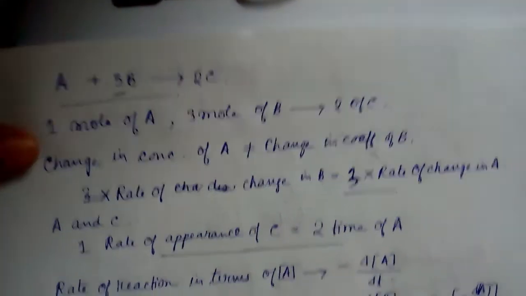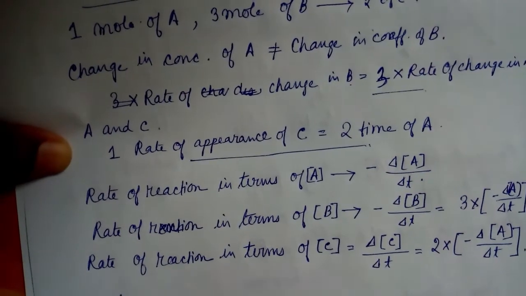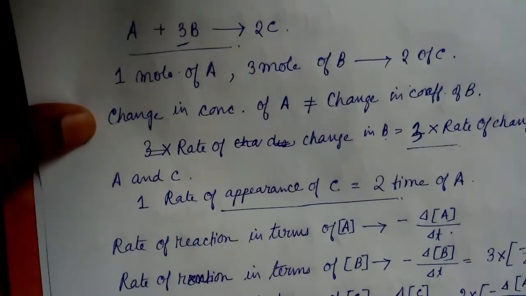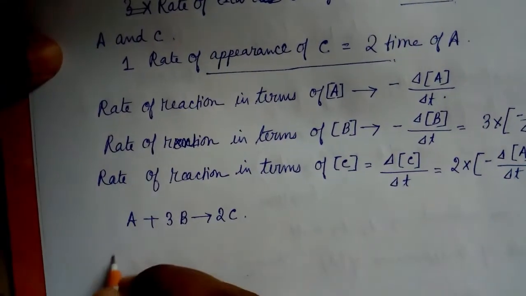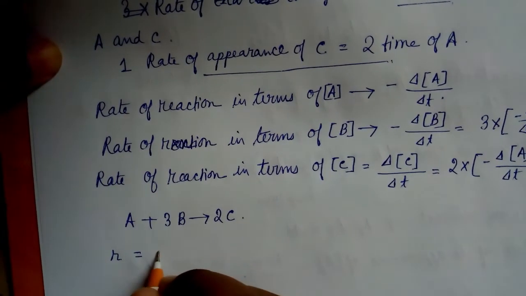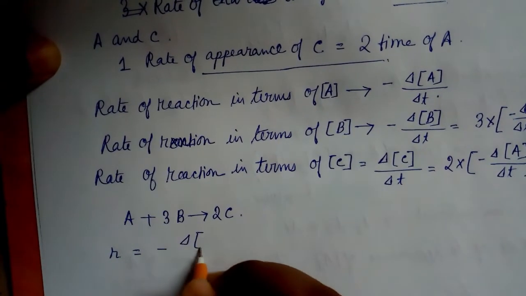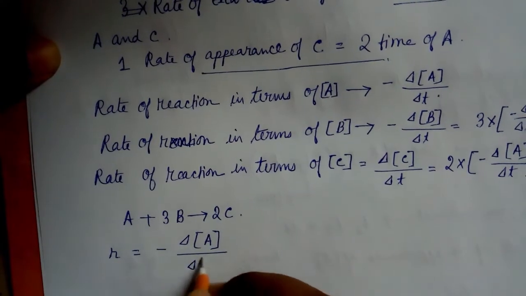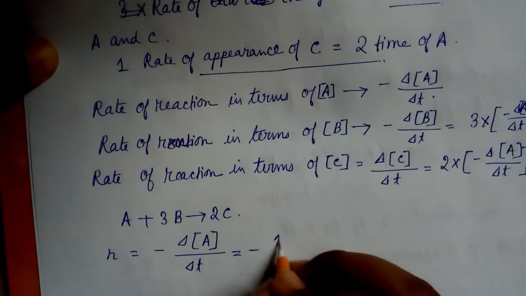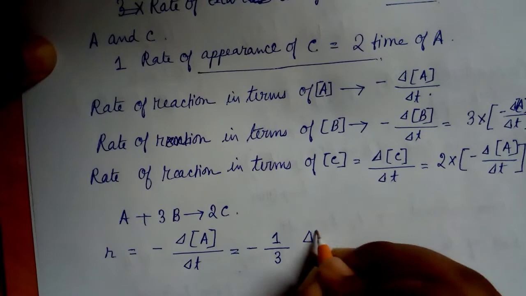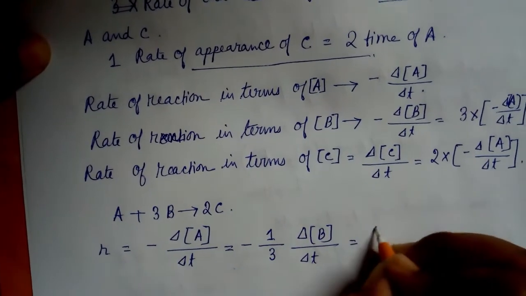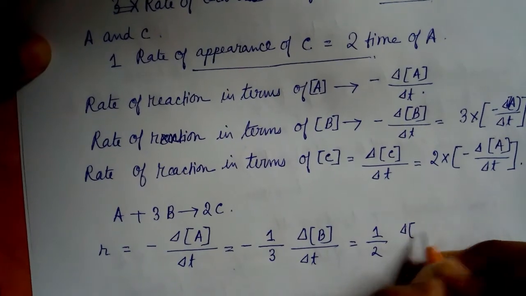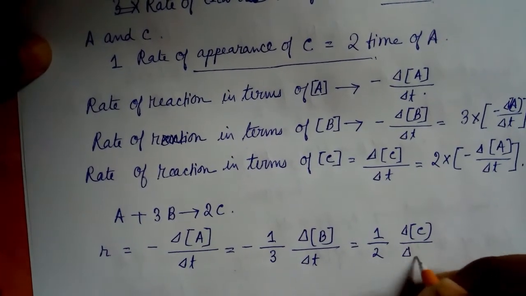So for the whole reaction A plus 3B to 2C, we can write the rate as minus delta A by delta t, which is equal to minus 1 by 3 of delta B by delta t, which is equal to 1 by 2 of delta C by delta t.